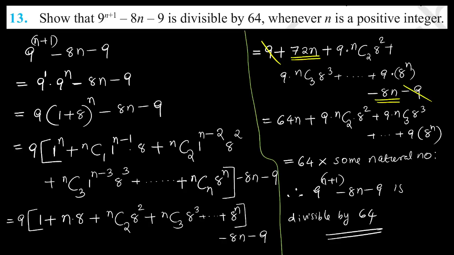Then let me give you one similar question. You have to send me the answer within 2 minutes. Try, okay? Show that. It is very easy compared to the previous one.